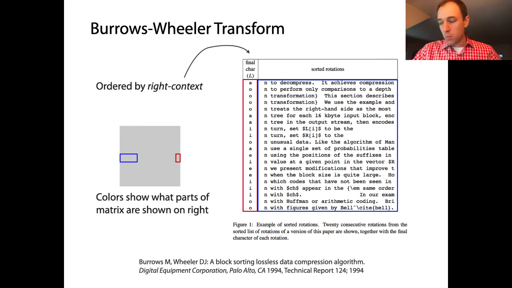Why is that? Well, because conditioned on the context, and these are all very similar right contexts, conditioned on the right context, you tend to get a predictable character coming to the left, right? This is English text. It's got an and on and in and stuff like that, and words that tend to end with ANs and ONs and INs.